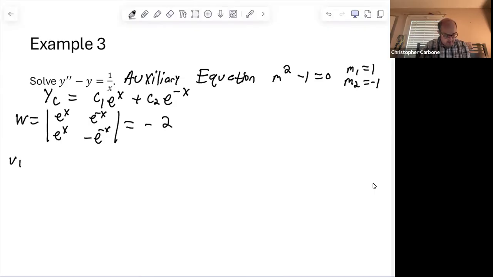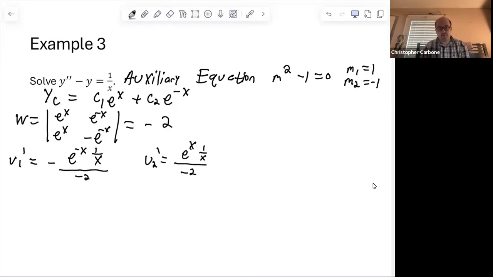So u sub 1 prime is going to be negative e to the negative x times 1 over x divided by negative 2, and u sub 2 prime is going to be e to the x times 1 over x divided by negative 2.